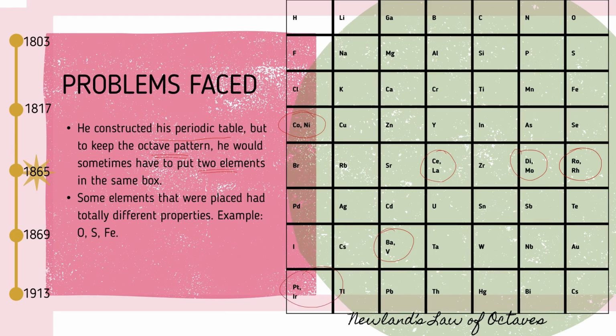Some elements that were placed had totally different properties, for example, oxygen, sulfur, and iron. In here, you can see iron has completely different properties from oxygen and sulfur, yet they were placed in the same column.